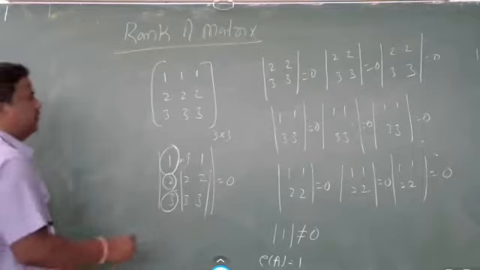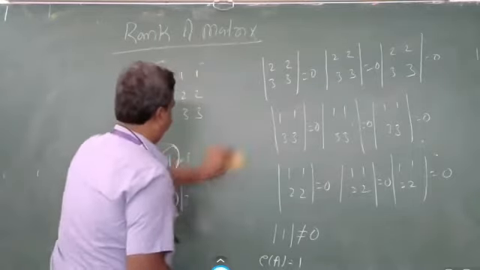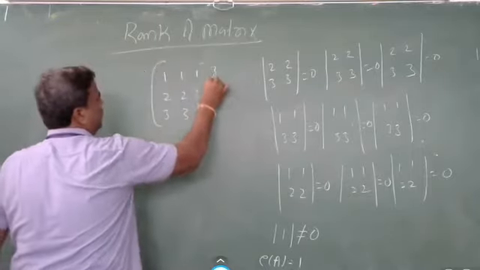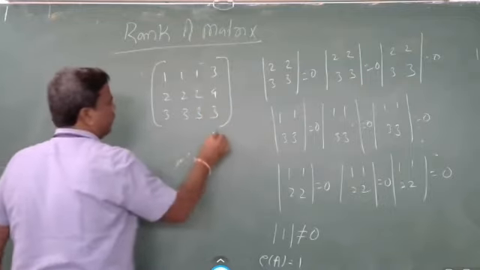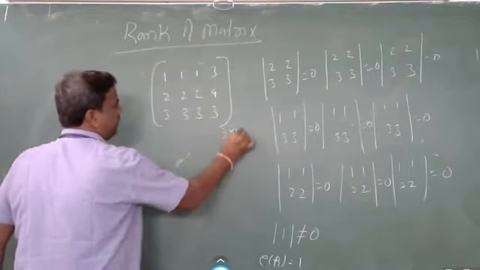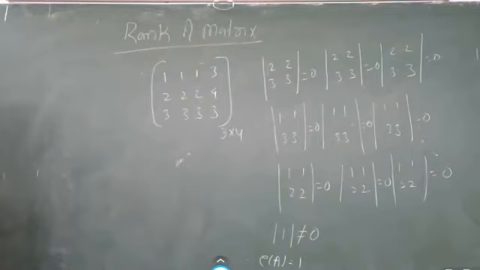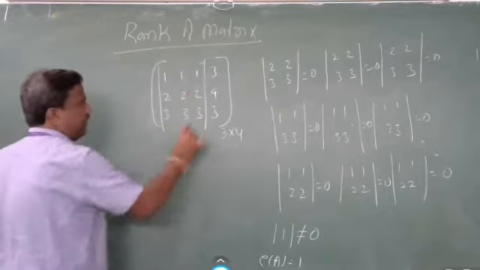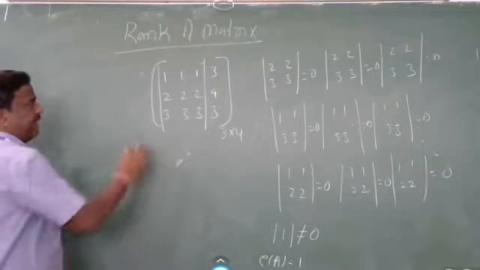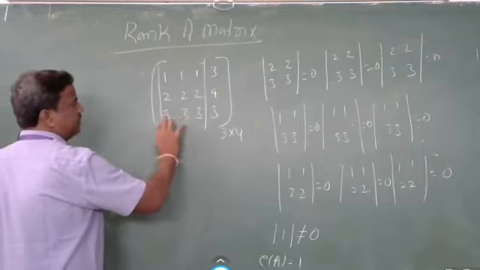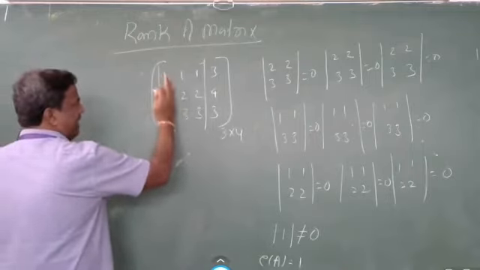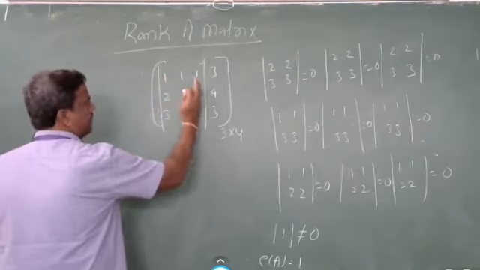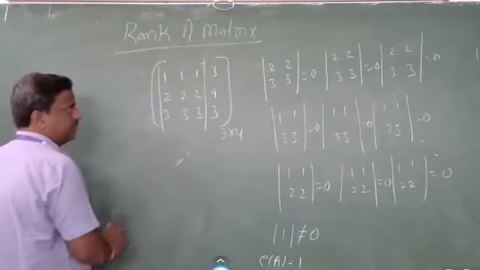Suppose you have a 3 by 4 matrix. Now we need to find the square matrices. This is one square matrix, the first 3 columns. Next, eliminate the first column: second, third, fourth is another matrix.